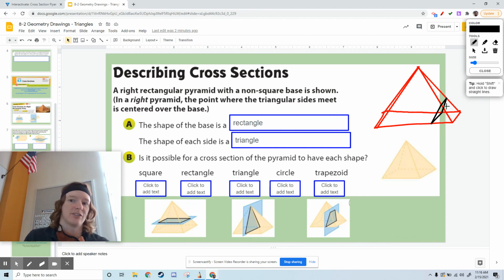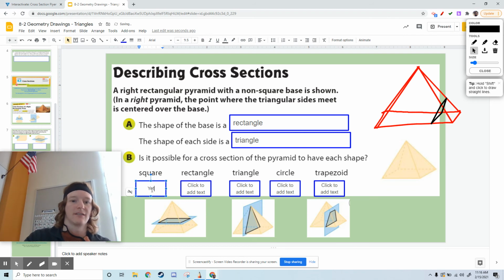Is it possible that that shape could have been a square? I think no matter what, I could move it around and angle it a little bit so that eventually I do get a square. So our first one, square, is going to be a yes. I want you to just type the word yes.